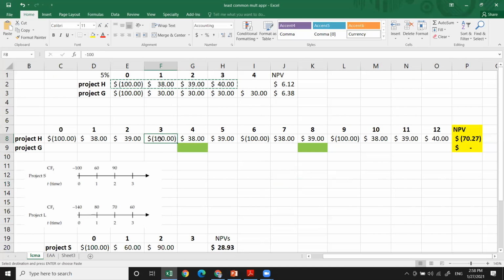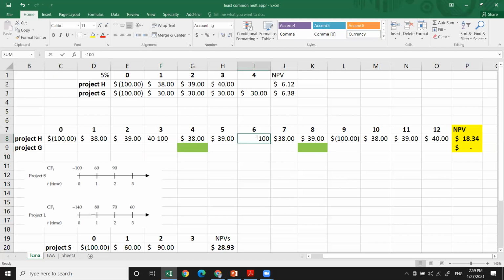At the end of the 3rd year for project H, it is the beginning of the new project. So, which means that it is 40 minus 100. The $40 I received from the 3rd year project, at the same time, I'm starting the project again in this year.